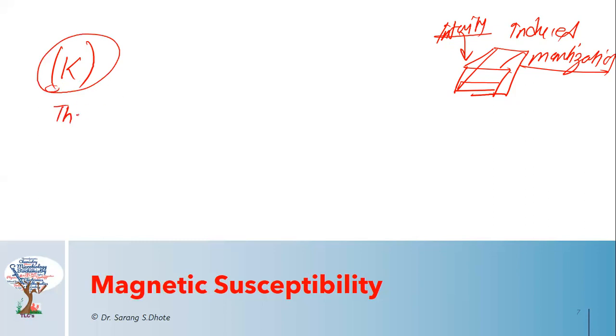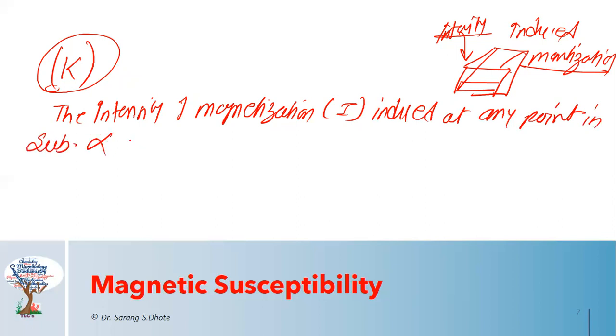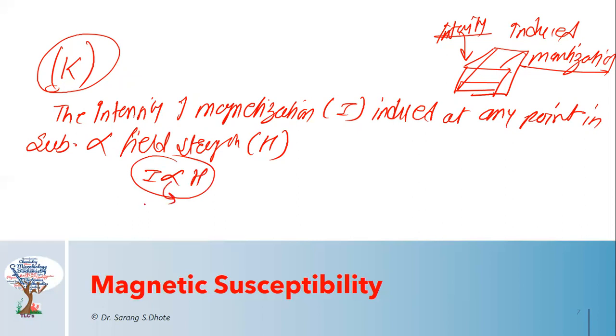Now, the intensity of magnetization I induced at any point in a substance is directly proportional to the field strength, which is denoted by H. That is, I is directly proportional to H. Again, instead of a proportionality sign, we use a constant, that is, I equals KH.